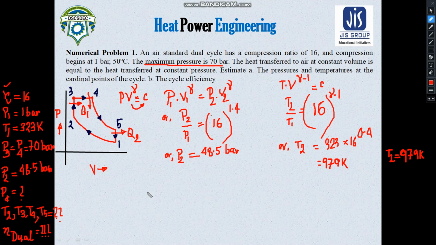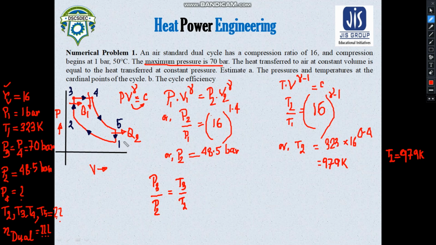So you know that in this process, the prevalent relationship would be P3 by P2 equal to T3 by T2, right? Because the volume is constant in this case, so pressure would become proportional to temperature. That is as simple as it is.